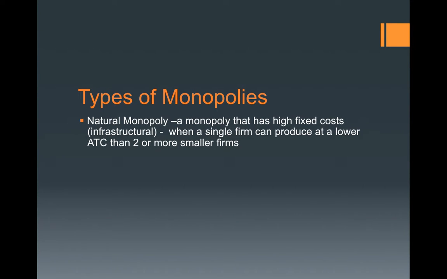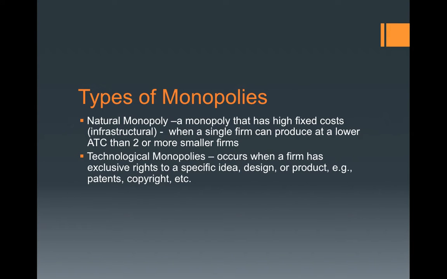Also, for IB, they want you to note that a natural monopoly is said to exist when a single firm can produce at a lower average total cost than two or more smaller firms. Because those fixed costs are so high, one really large firm generally has lower average total costs than two or more smaller firms. That's a natural monopoly. A good example would be a telephone company.